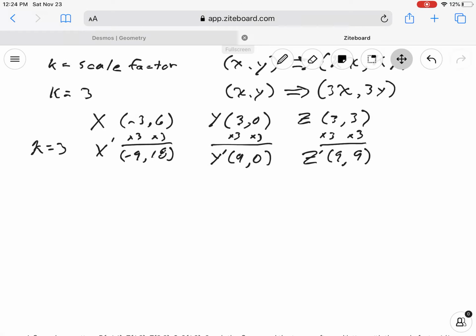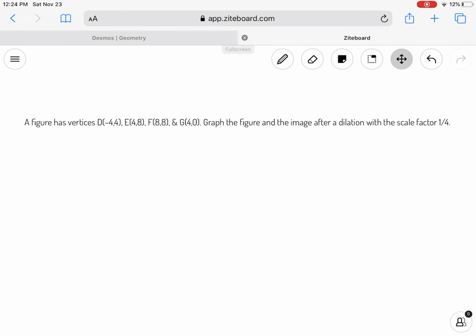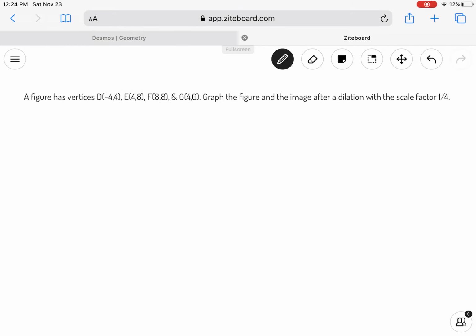So now I have a figure that has vertices D at -4 and 4, E at 4 and 8, F at 8 and 8, and G at 4 and 0. I'm going to graph the figure and the image after a dilation with a scale factor of 1/4. Okay, so I have my points, D at -4 and 4.